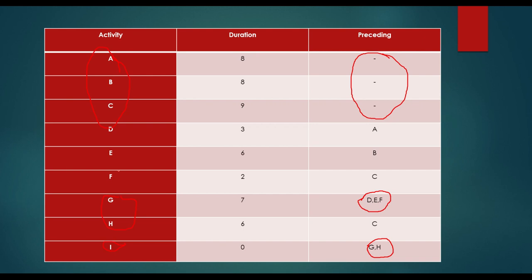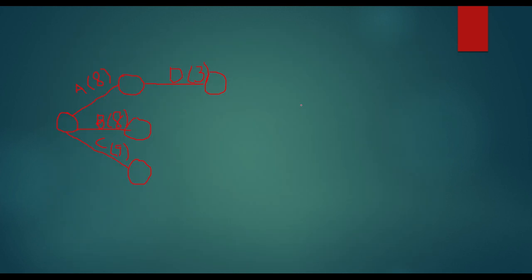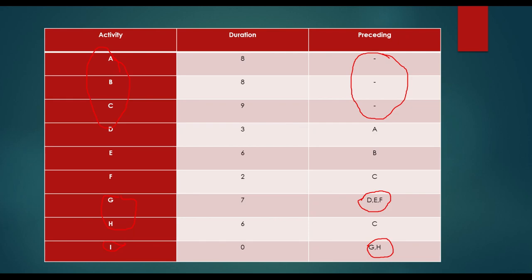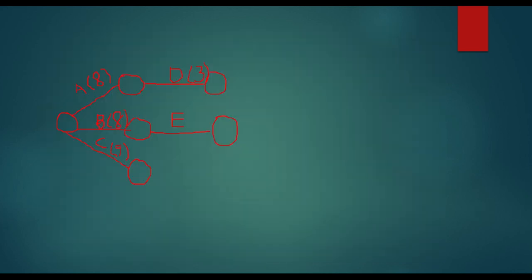Then the next activity is E. For E, the preceding activity is B. So it means where B ends, I'll start E. So B is ending here. So from here, I will start E. This is E. Okay. And the duration for E is 6.